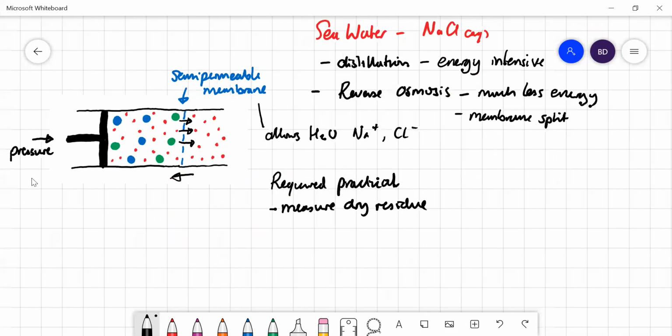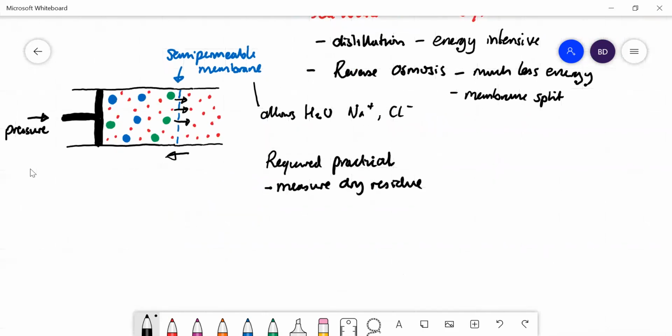It doesn't work very well, because if you looked at the Evian water example there, I think the dry residue there was 360 milligrams or something like that per dm cubed, per litre. So that's 0.36 grams in a litre, in a dm cubed of water. In a practical lesson, you're not going to have time to boil a litre of water away, because it would take too long.